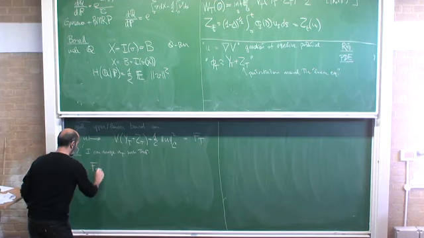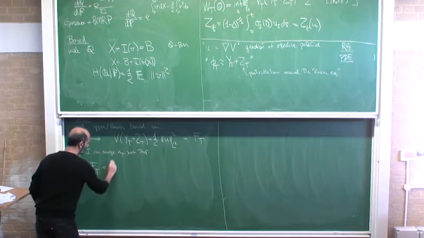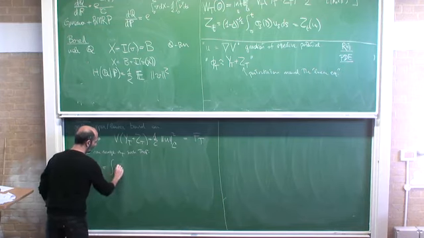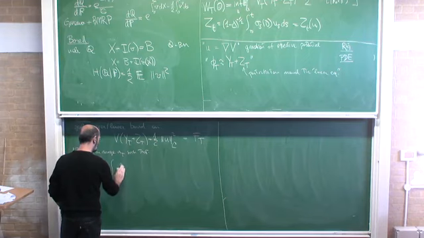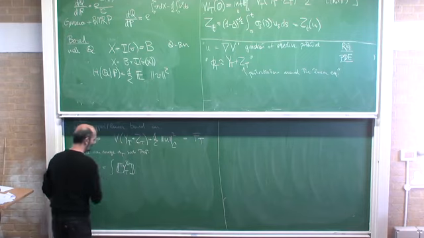So f of t looks like the integral, and now you have the Wick products. I denote the Wick products in this way.